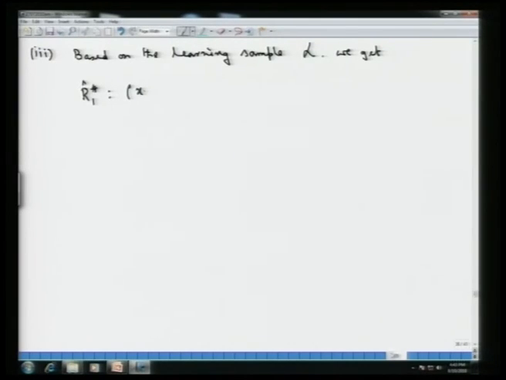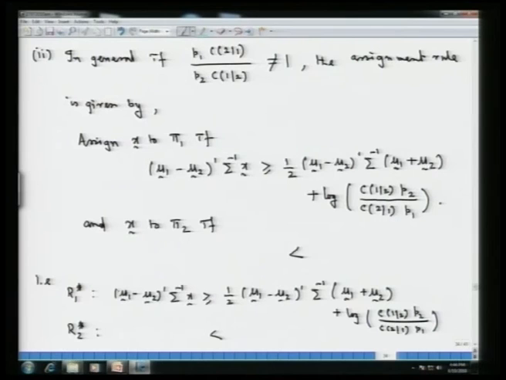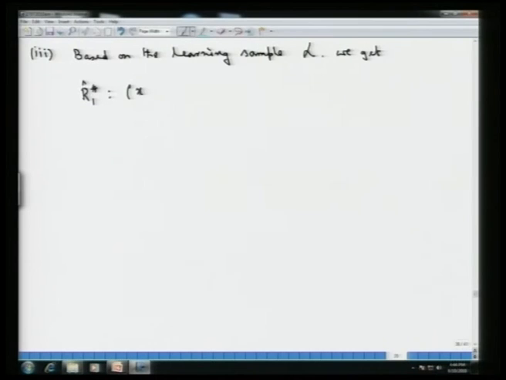now the thing that we do here is to find the estimators of mu 1, mu 2 and sigma inverse. So, mu 1 can be estimated by the sample mean corresponding to the first population. So, let us denote that by x1 bar. This minus x2 bar, this is the sample mean vector based on the observations coming from the second population. So, this transpose times S inverse, where S is the pooled sample variance covariance matrix.